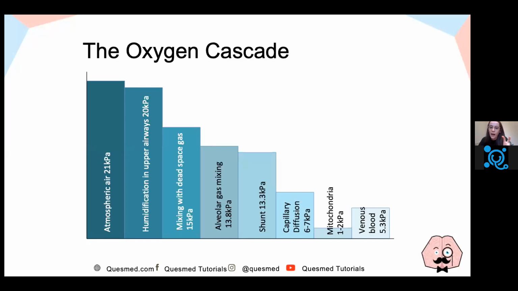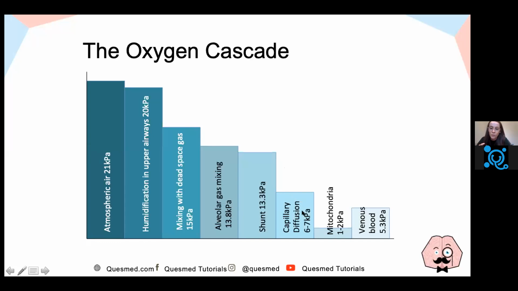We then have some alveolar gas mixing, so this is where in the alveolus, we start adding in carbon dioxide. So the partial pressure of oxygen goes down again due to this mixing with carbon dioxide in the alveolus. It then reduces again due to this shunt. So even in health, we have a small amount of blood which passes from the right side of the heart to the left side of the heart without undergoing gas exchange.